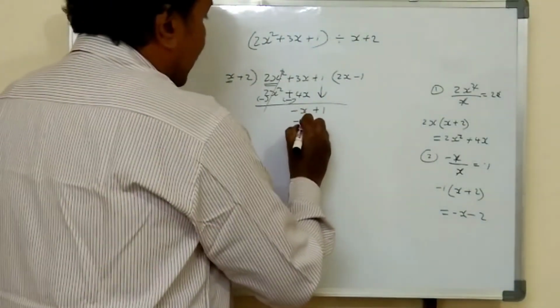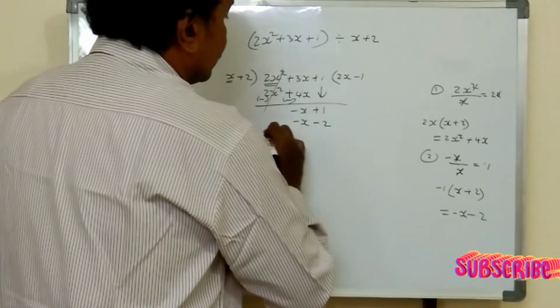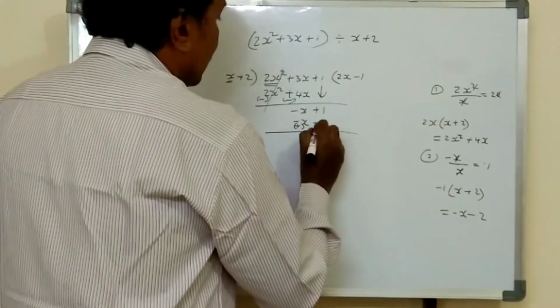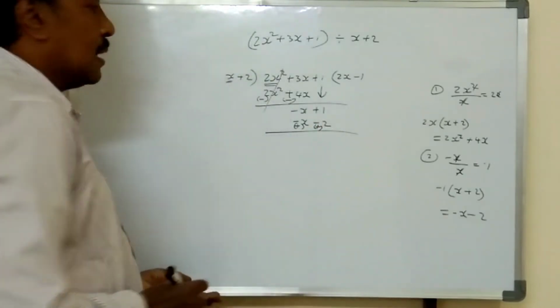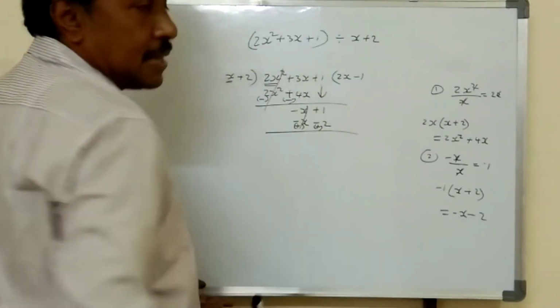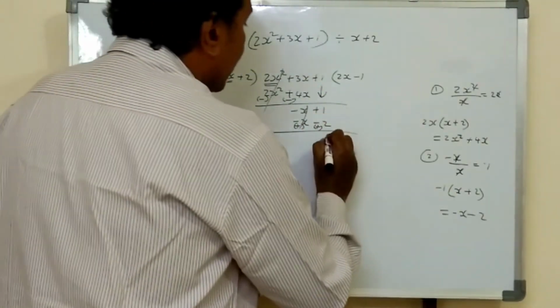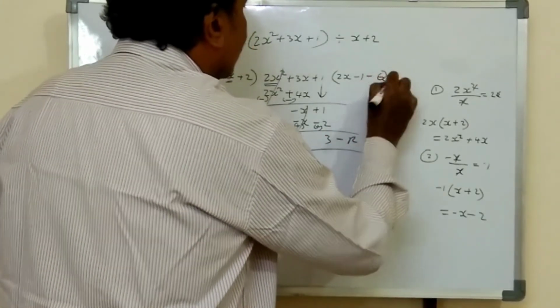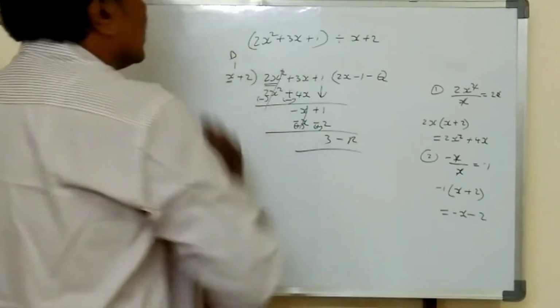Now keep it here: minus x minus 2. Change the signs: minus x plus x cancels. 1 plus 2 is 3. So this is the remainder, this is the quotient, and this is the divisor.